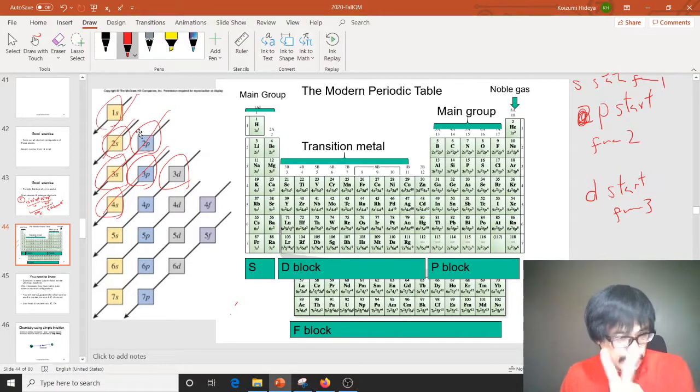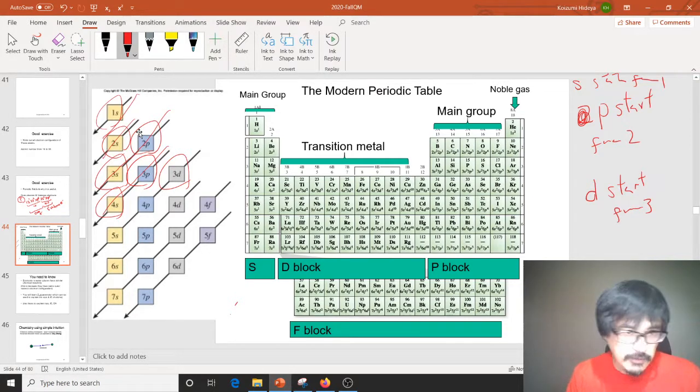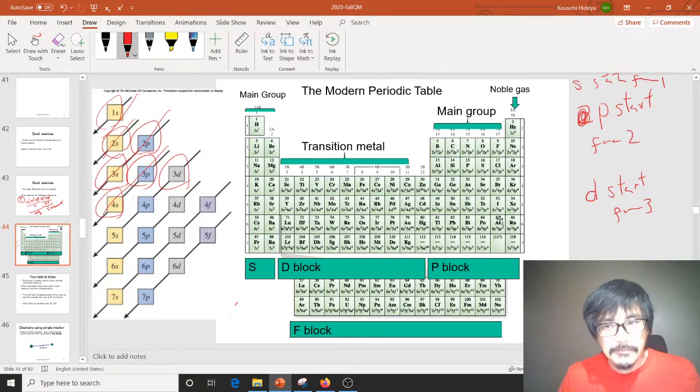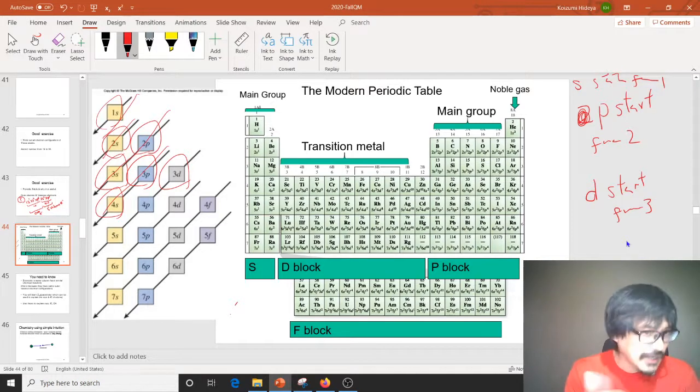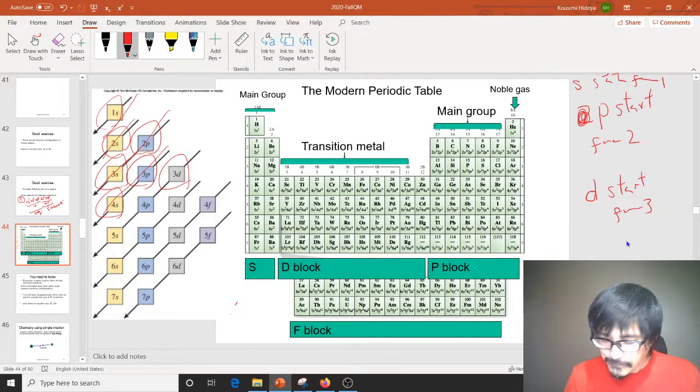And the d orbital starts from 3d, 4d, 5d. There is no 2d or 1d, because of the quantum number limitations. These are all related to the quantum number l, and l has to be at least 1 less than the n value.